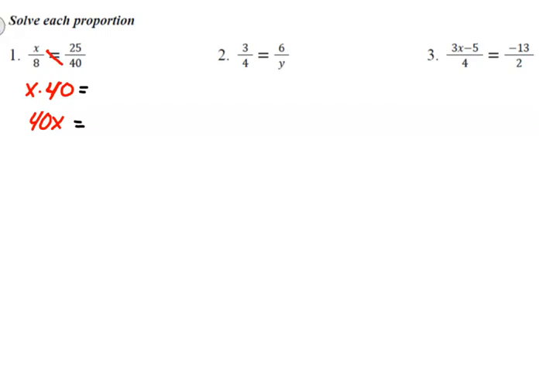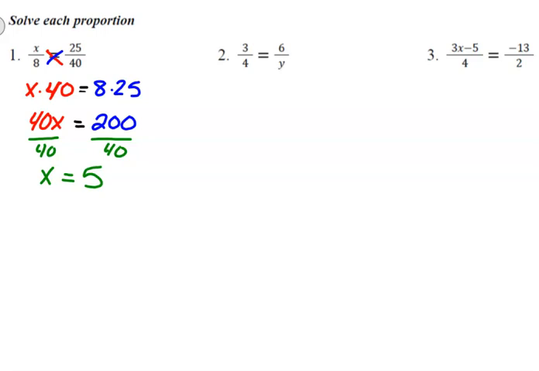On the other side, I have 8 times 25. That gives me 200. Once you have your new equation, now we're solving it just like normal, meaning opposite operations. So we're going to divide both sides by 40. This gives me x, and 200 divided by 40 gives me an answer of 5.